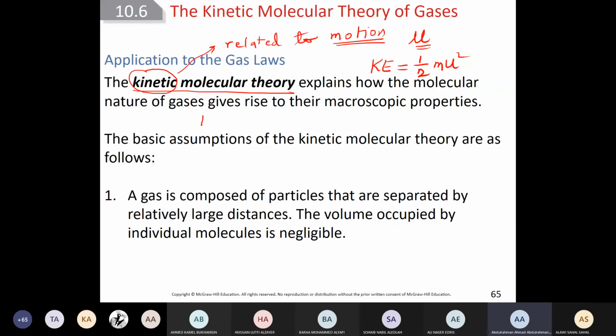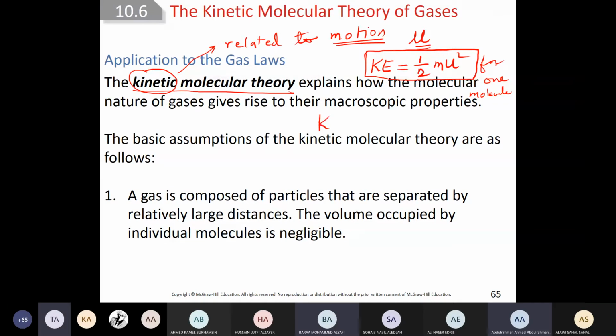I just want to say one thing before I go further. Don't forget, this one is for what? One molecule. If I want it for a mole, what should I do?